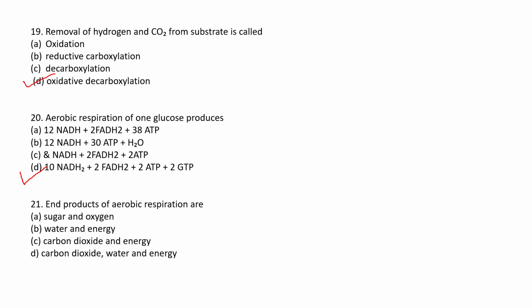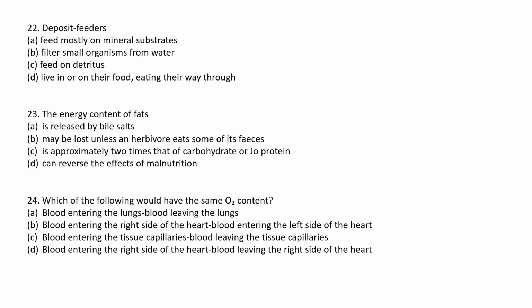The end products of aerobic respiration are carbon dioxide, water, and energy. Option D. Deposit feeders feed on detritus. Option C. The energy content of fats is approximately 2 times that of carbohydrate or protein.